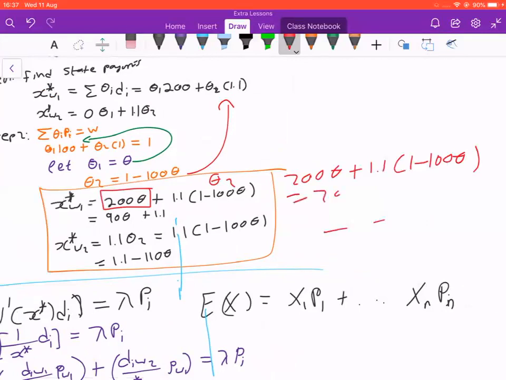And when you simplify this, you will have 200 theta minus 110 theta plus 1.1. So 200 minus 110 is going to be 90 theta plus 1.1. I just simplified the state payoffs.